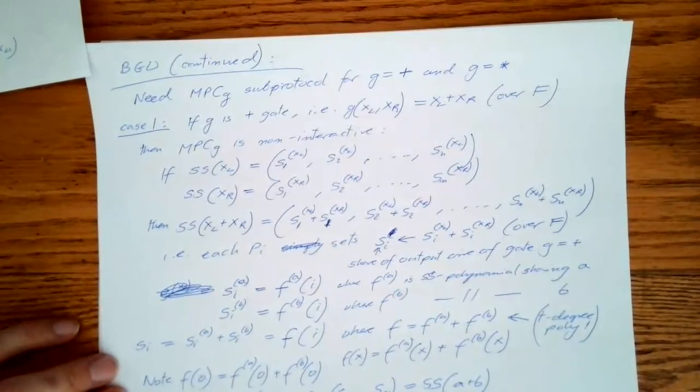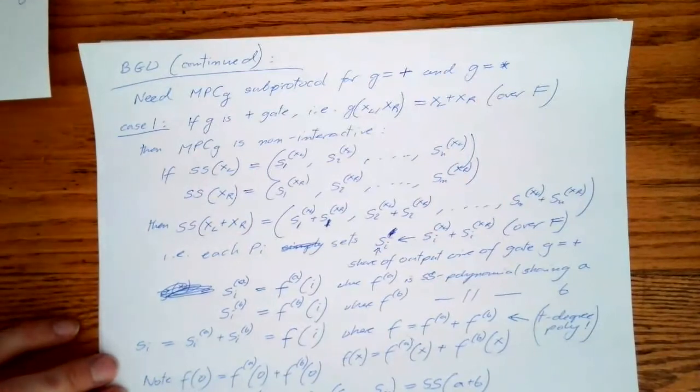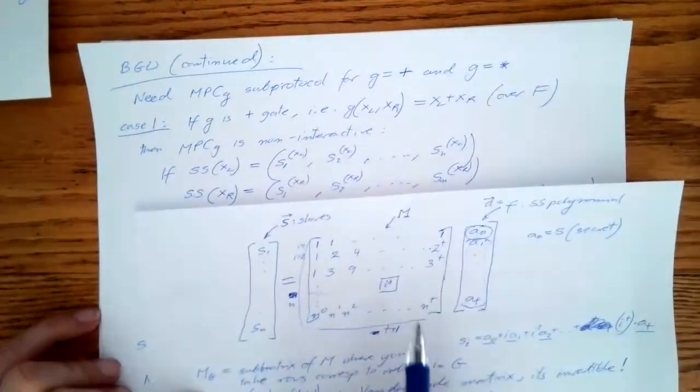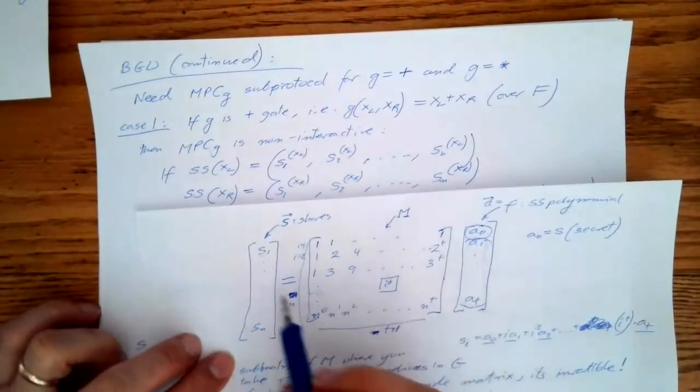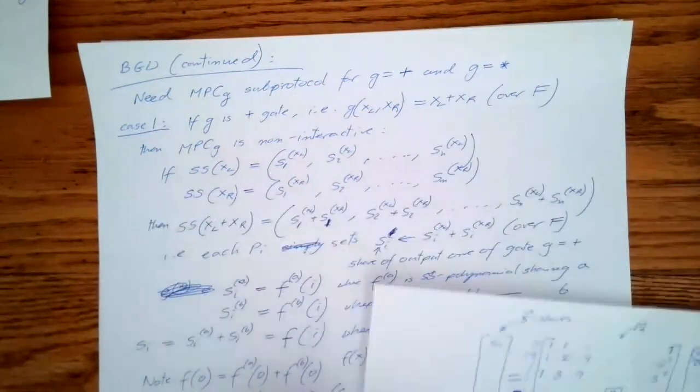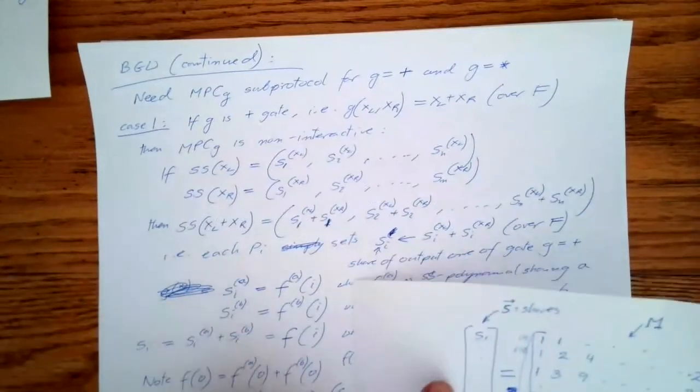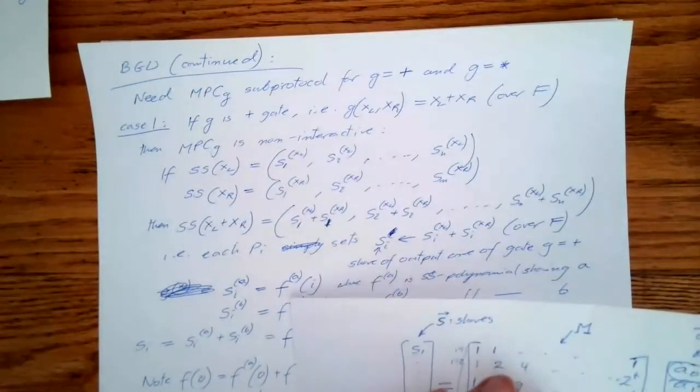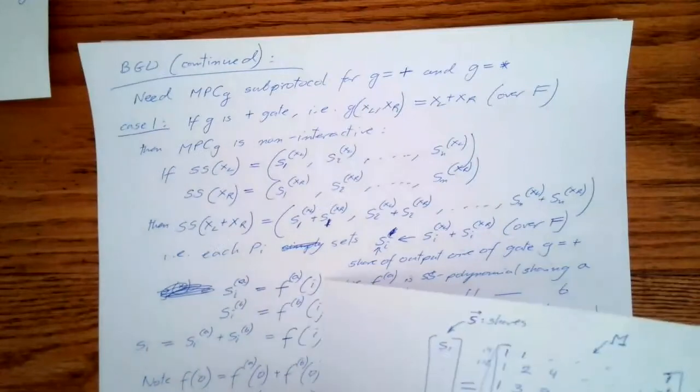Okay. You can also see it from the matrix, from linear algebra, right? Like if this is one set of shares, it's a fixed matrix, right?